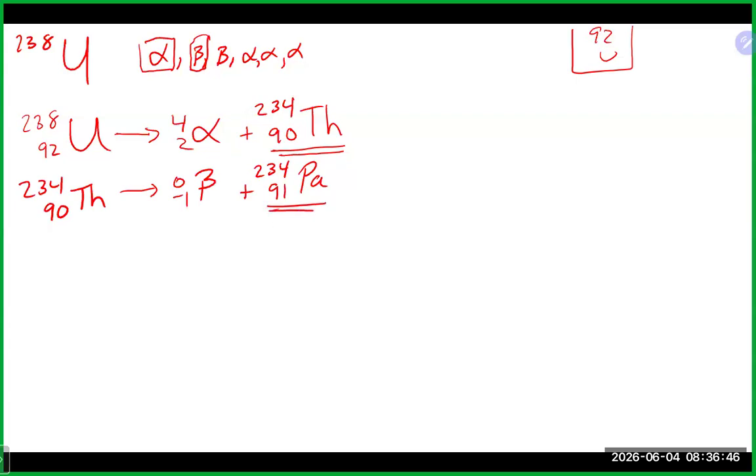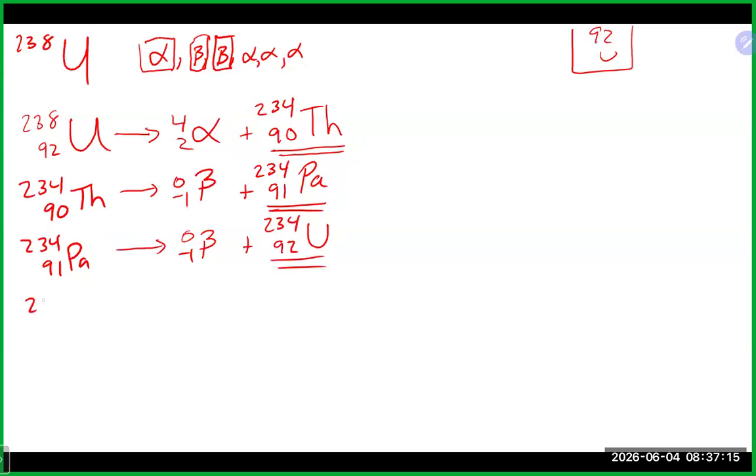So the next thing that will happen is this one will continue down the decay process, and it's going to go through a beta decay. Again, that's going to put our beta particle on our product side. Once again, we go up 1 because that's a negative 1. That's going to take us to 92 at this point, which takes us back to uranium. Now we're at uranium 234 here.